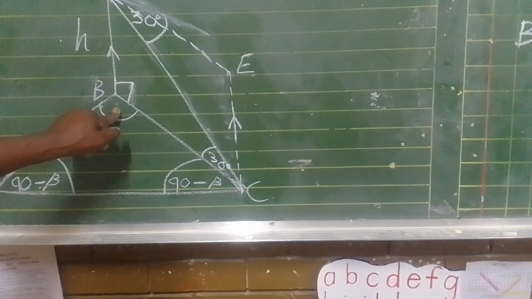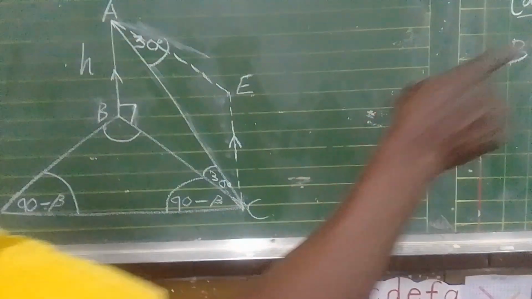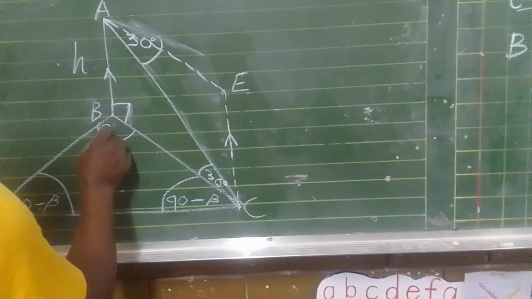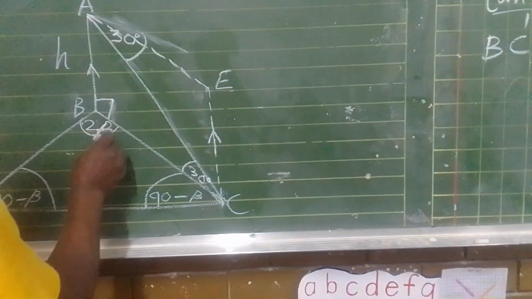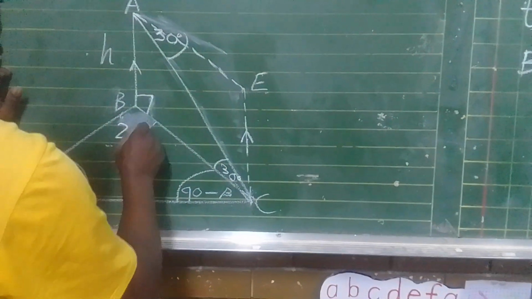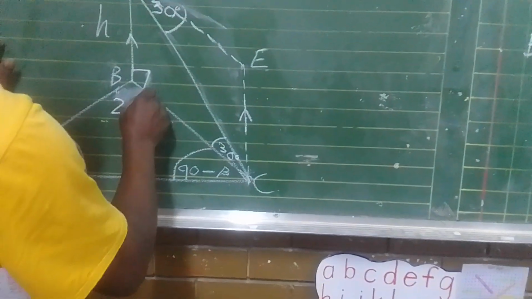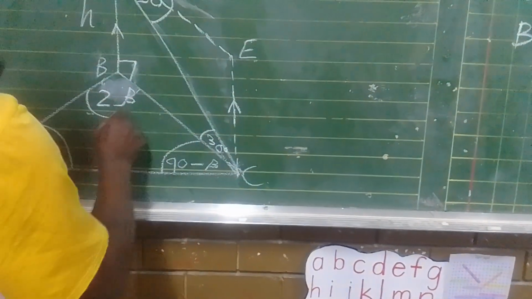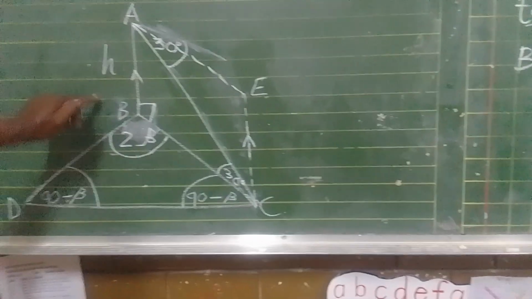This angle B, we have calculated it to be 2 beta. It was 2 beta. Let me write it properly here. 2 beta, that is angle B.